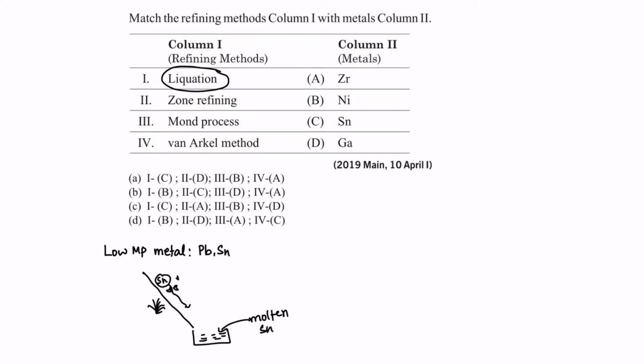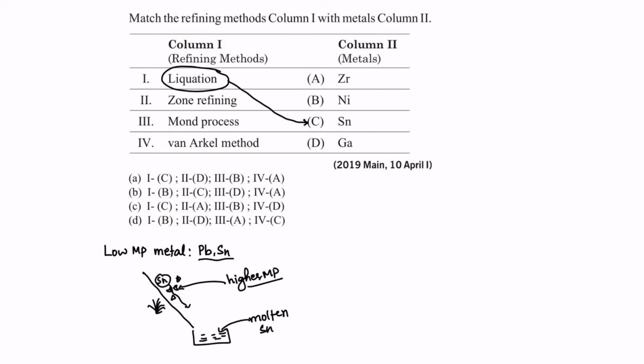This way it is separated from higher melting point impurities, which stay on the sloping surface in solid state because they have a higher melting point. So lead and tin, basically we do liquidation. So the first is going to match with C.